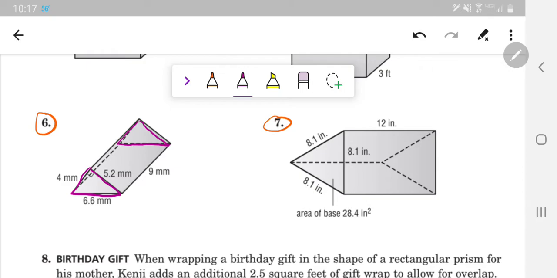Now, it's going to be important that you organize your work here. One other thing that I might suggest you do is see how many faces make up this triangular prism, and then make sure you find that many areas, because we've got to find them all.